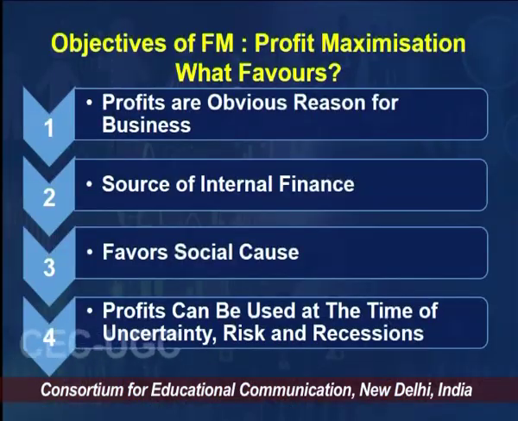Third is the social cause. If any business has profit, only then will it be able to give back to society. We know that in India there is a CSR compliance requirement: 2% of the average profits of the last 3 years is to be spent on corporate social responsibility.